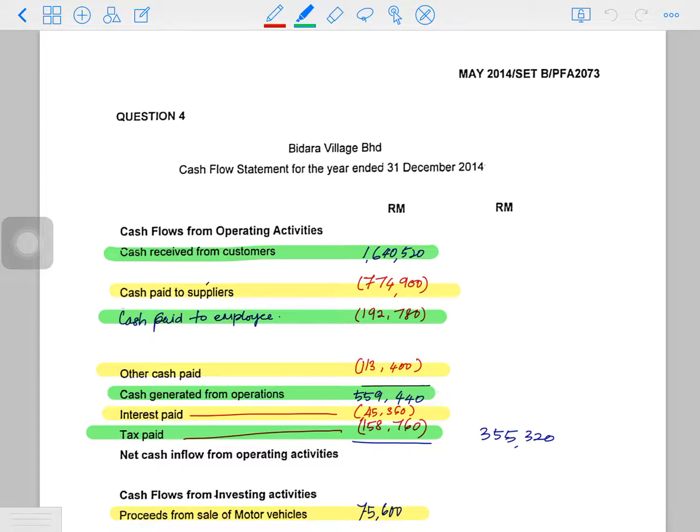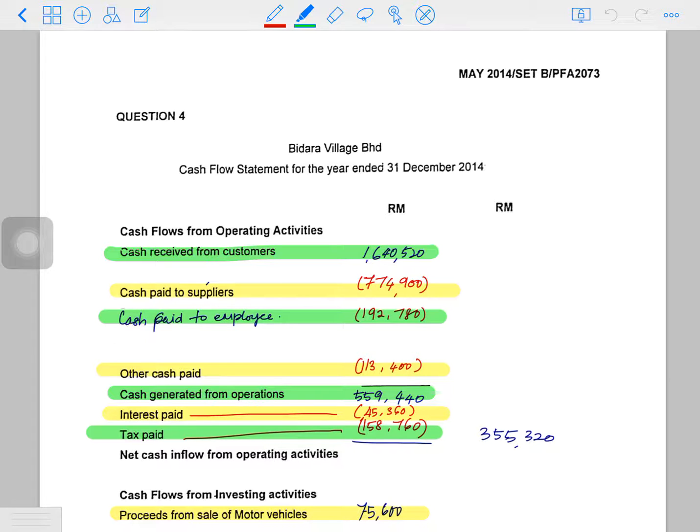For this part of the cash and cash equivalent statement, you have to find what items you should include inside it. To know what items to include, you have to look at the balance sheet or the financial position.